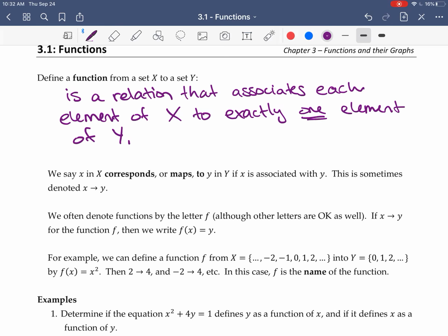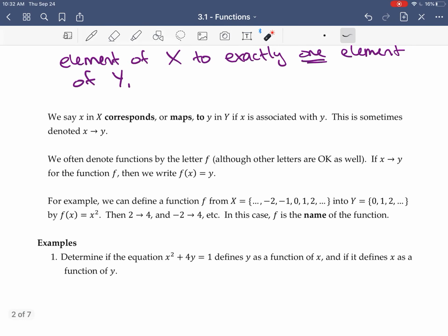So you don't want to have multiple options for your x's. Everything in your X set has to be mapped somewhere, but it only goes to exactly one place. We say little x in X corresponds or maps to little y in Y if x is associated with y. We write that with an arrow, or in the picture you would write x goes to y.